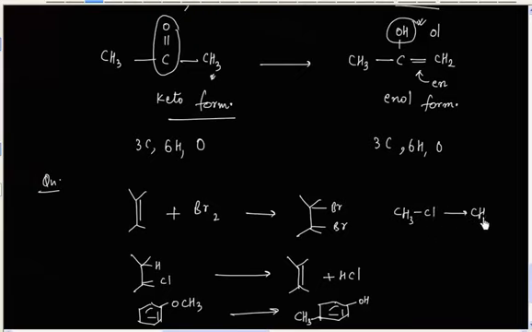So you have to tell from what class these reactions belong. So this reaction is simply addition. So we have added 1 mole of bromine. So this is addition reaction. And this one is, we have removed 1 mole of HCl. So this is elimination.